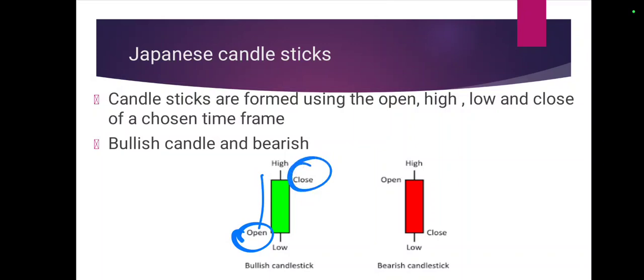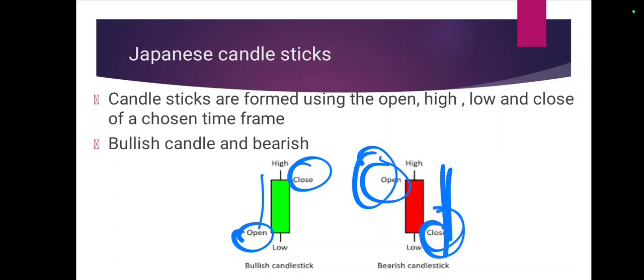Reverse the case with the bearish candle. The bearish candle opens above and then closes below. It simply means that within this period the market went down, because it opens above and then closes below.